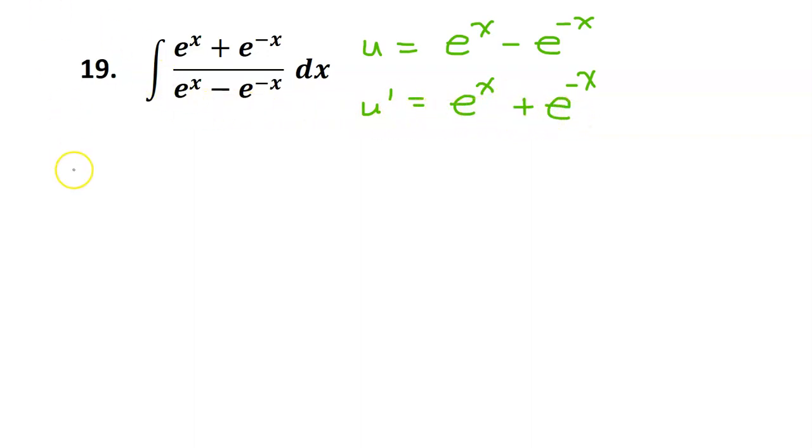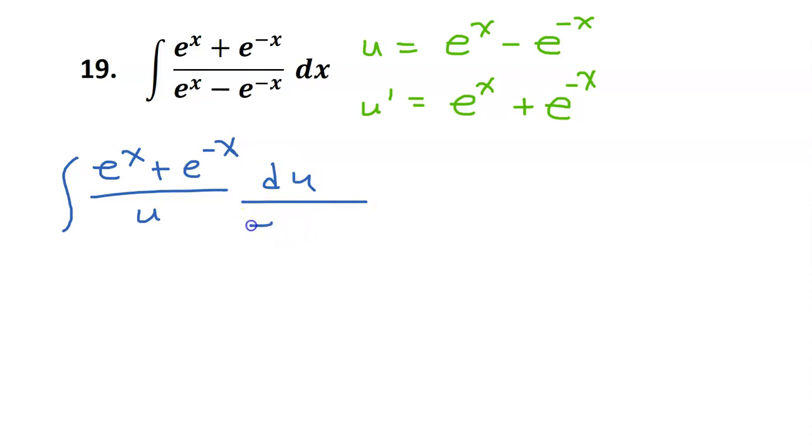Let's make the substitution and see what happens. So we get e to the x plus e to the negative x over u. Instead of dx, we will write du over u prime, which is e to the x plus e to the negative x.